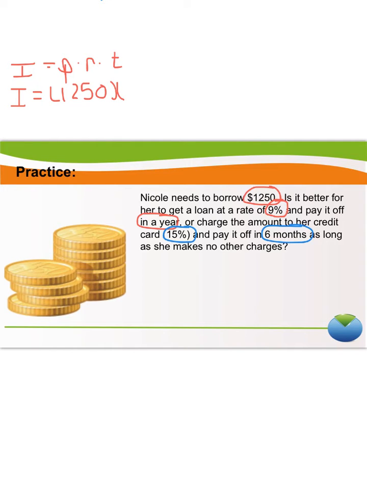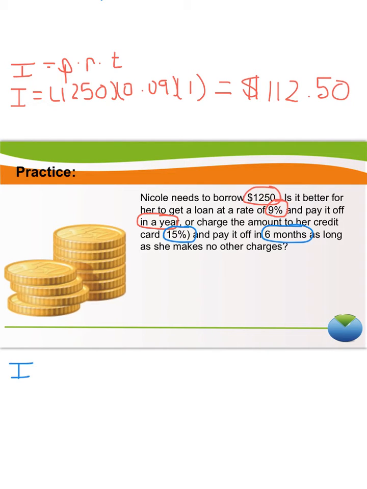The rate on the loan is 9%, so that's 0.09. And she's going to take it out for 1 year. So by taking out the loan, she's going to pay an extra $112.50.